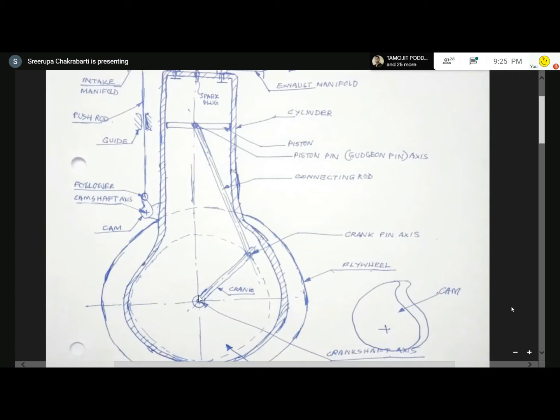So 180 degrees is the journey of the crank to complete the suction.